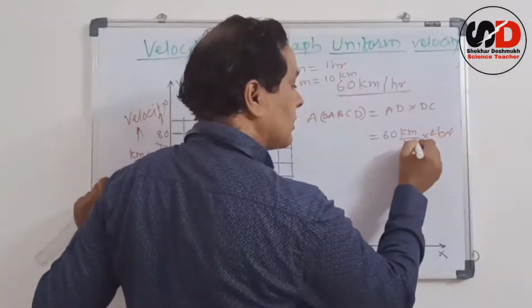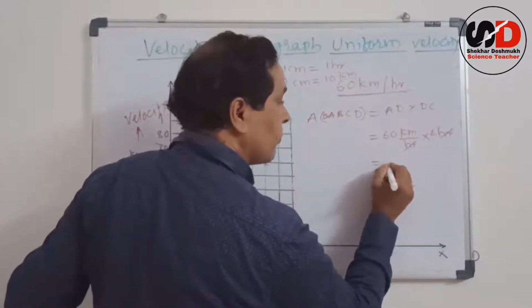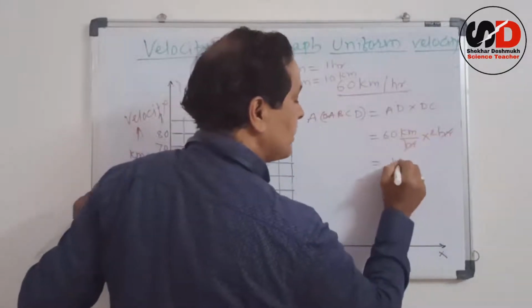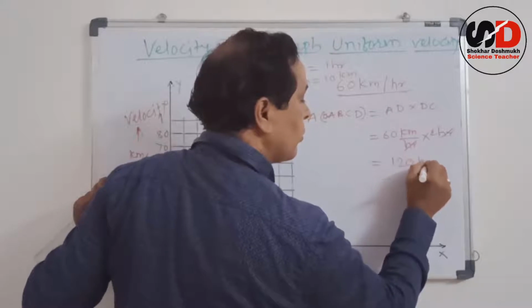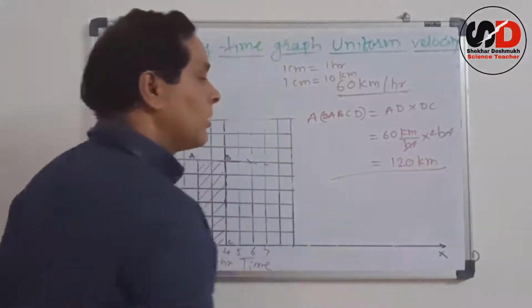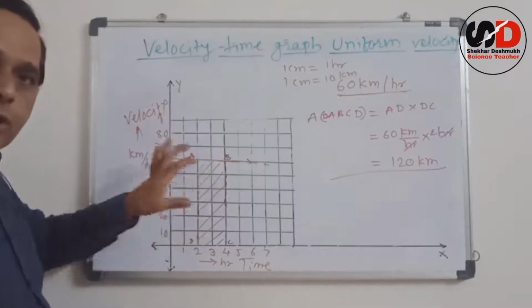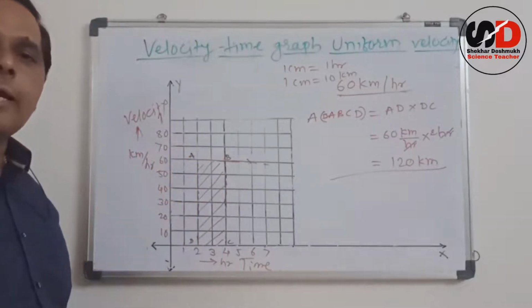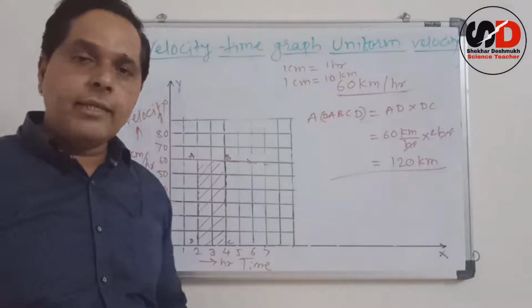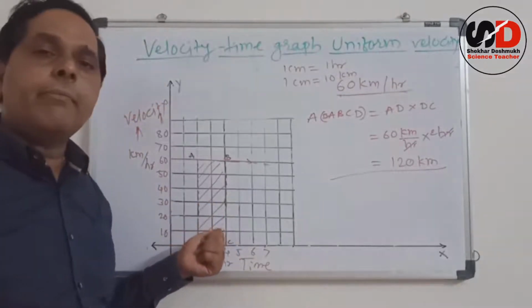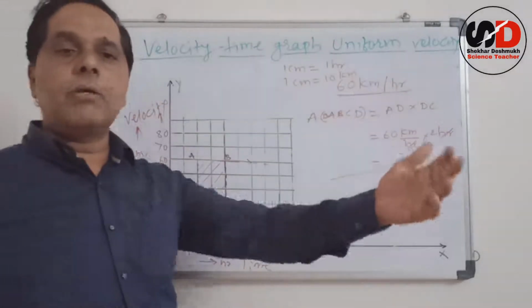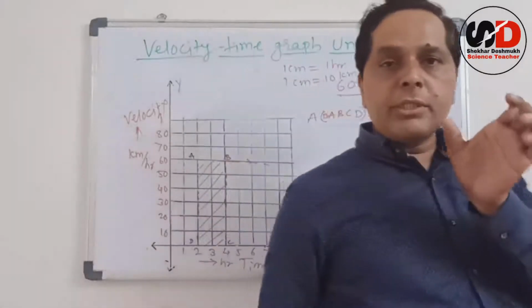So these hours get cancelled, and therefore we get 60 into 2 is 120 kilometer. So the area of this shaded portion, if we calculate, is nothing but the same as the distance traveled by the train within that time period.